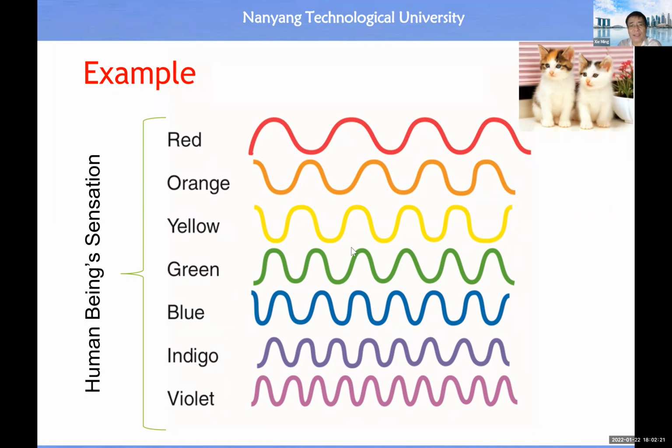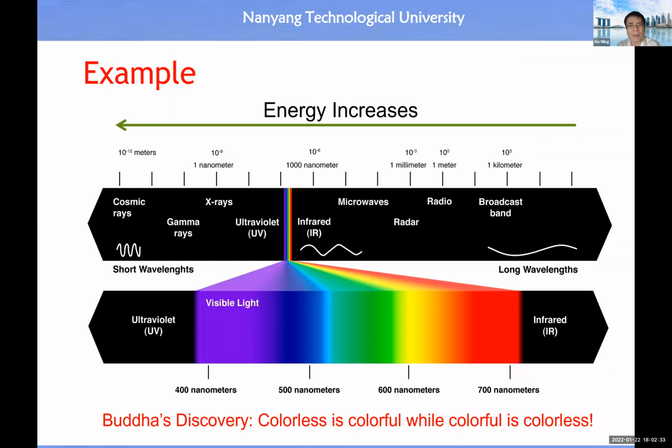For example, we see this as a red color, whereas a cat may also perceive this signal as red. We do not know. So this is a question for you to know that the eye can only perceive visible light, and visible light is a very narrow interval in the whole spectrum of wavelengths or frequencies.